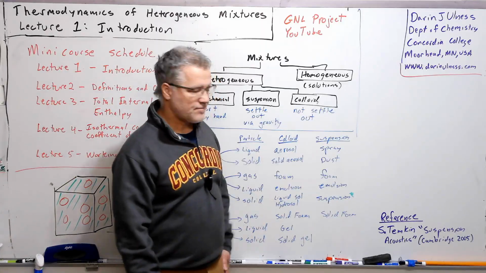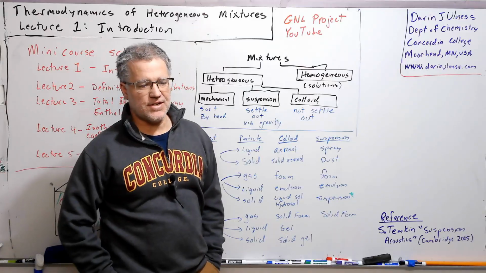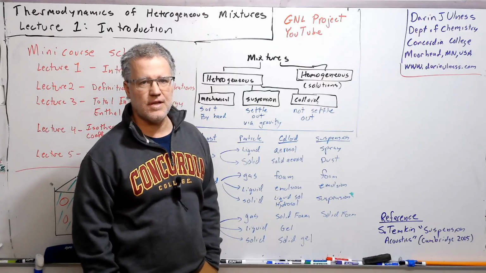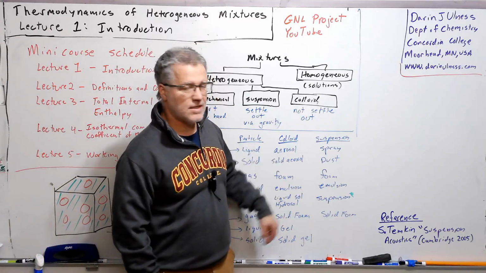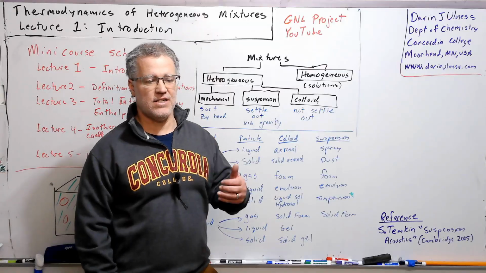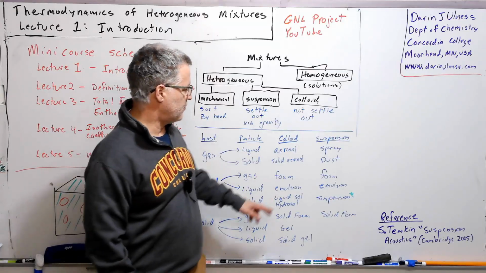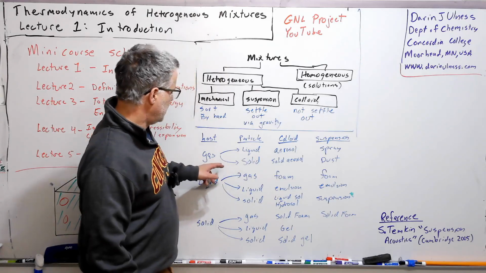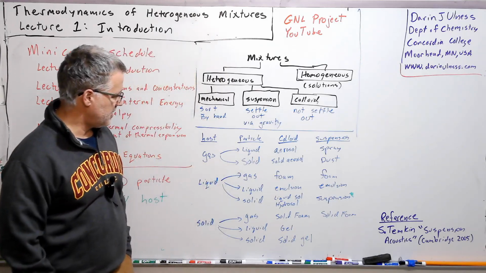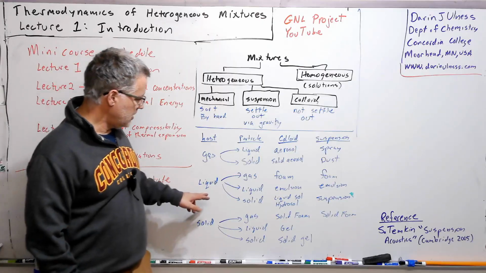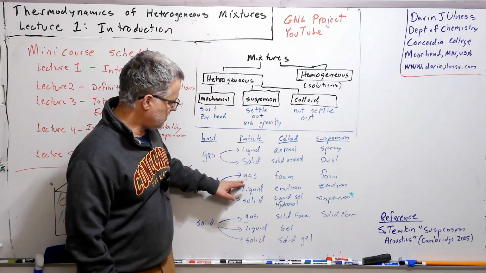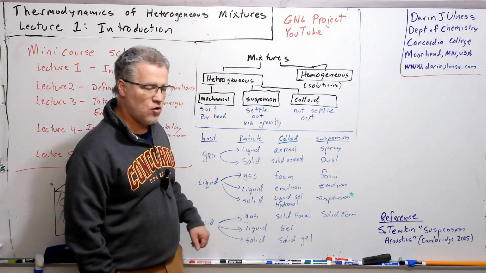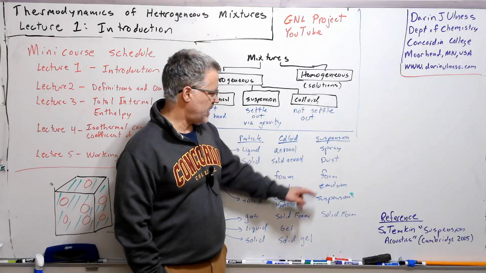Then we tend to call the suspension a spray if it's a liquid, or dust. So we might talk about an ideal dusty gas, and we'd be referring to a suspension in gas. Now, liquids, if the particle is a gas, we call that a foam, both for the colloid and the suspension.